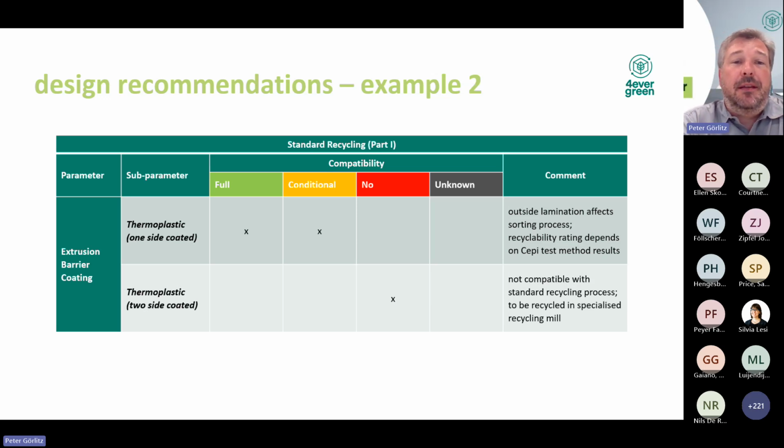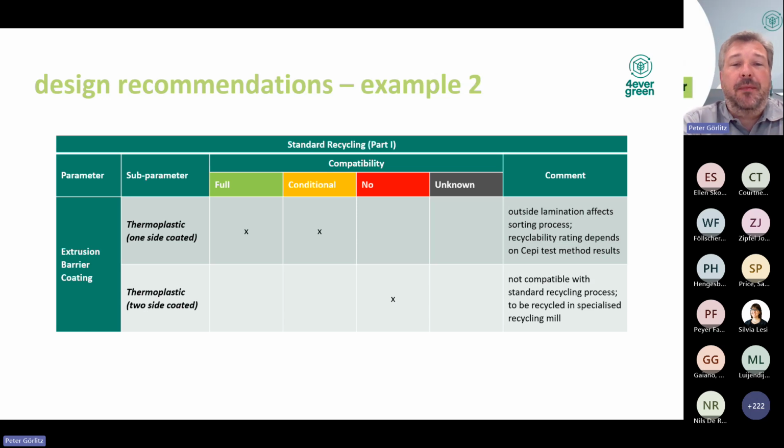In that case, what you need to do is consider the thickness of the coating and also the type of the coating, but in general, the answer would come from a recyclability test according to the CEPI harmonized test method. If you go below and look at the two-side coated version, you see that we have said no, this is not compatible with recycling for a standard recycling paper mill.